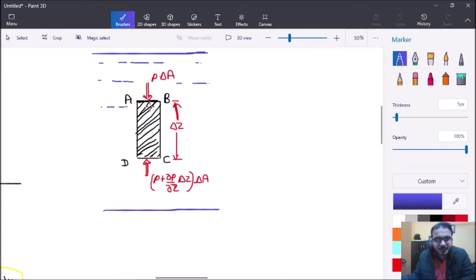To keep clarity, I will not draw it everywhere. So now another thing over here is that this height from the free surface is Z.